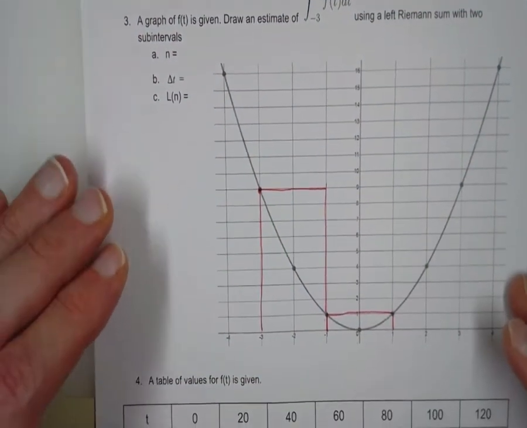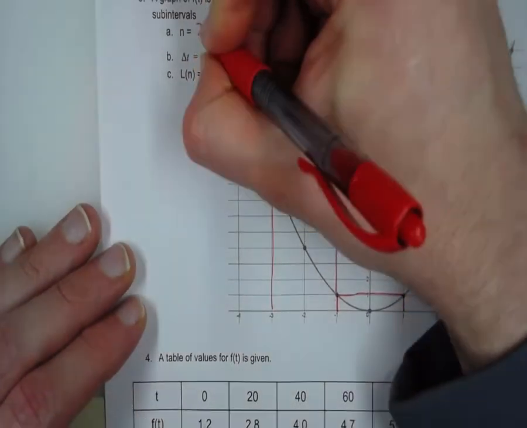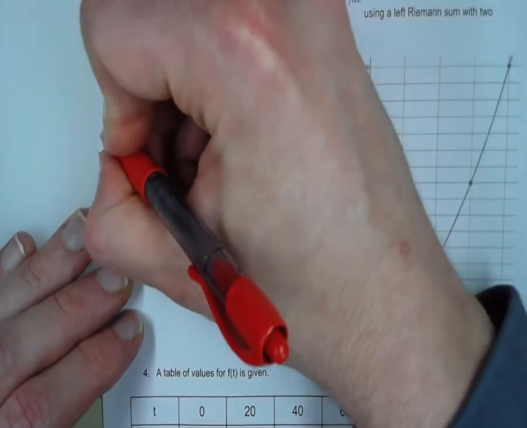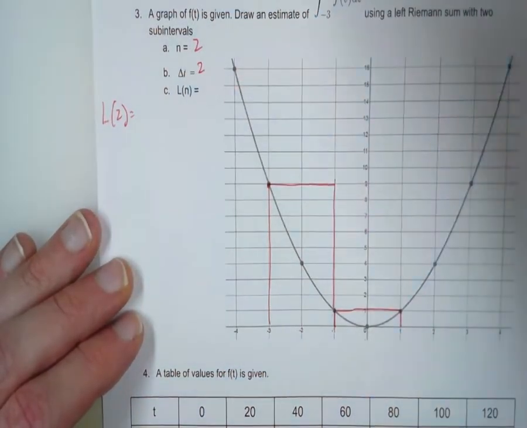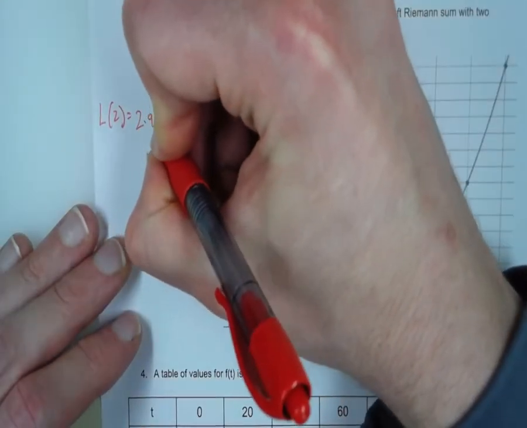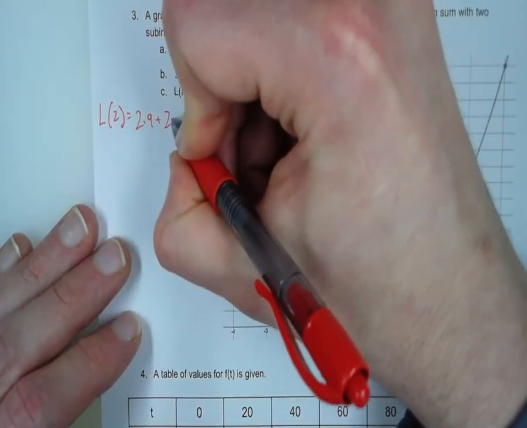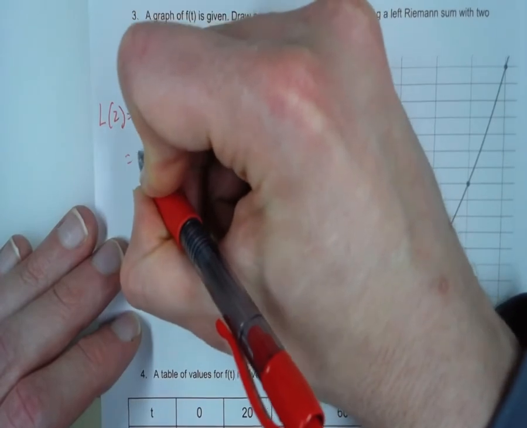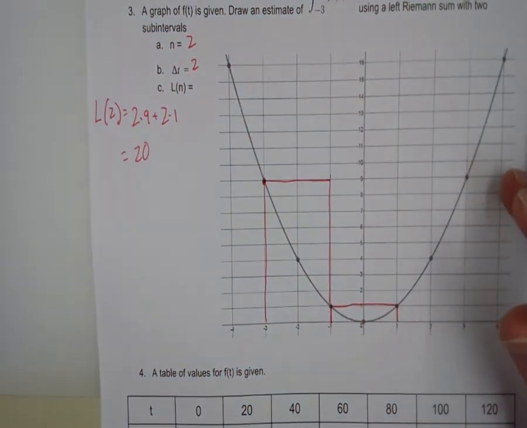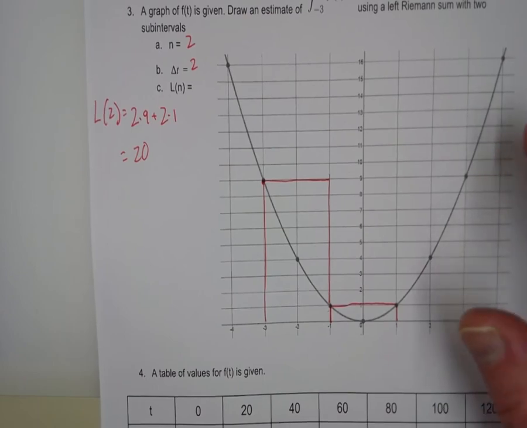So it's going to look like that. So n is 2. The width, delta t, is also 2. So L2 is going to be 2 times 9 plus 2 times 1, which is going to be 20. There is our Riemann sum approximation for that one.